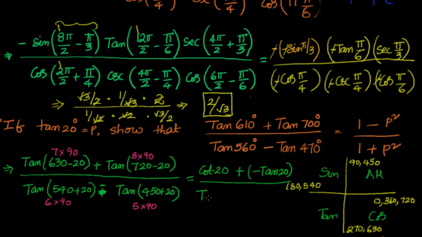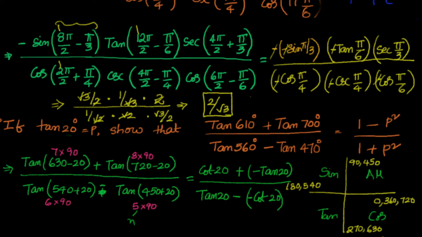so this is nothing but tan of 20, and we are between 540 and 630 because 560 is between 540 and 630. So we know that is positive, minus of, tan will become cot now because n is odd, and 450 plus 20, that is in the second quadrant, there it is negative.